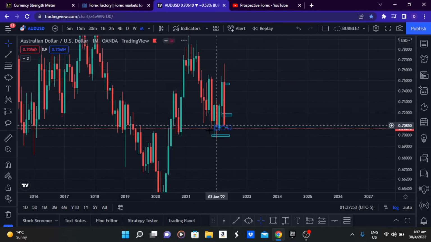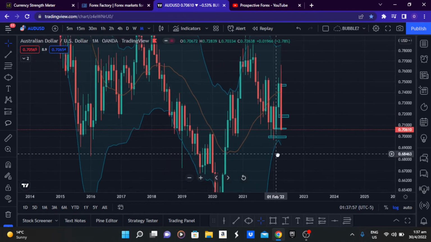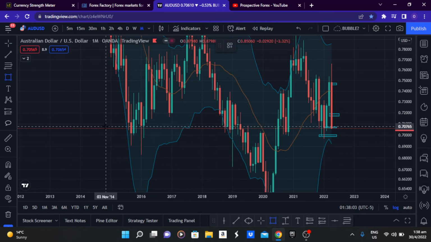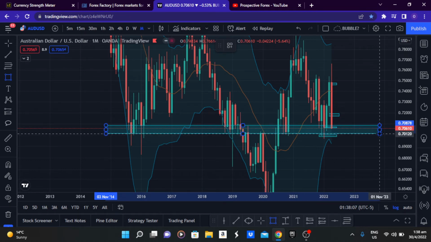And we're also seeing a major support level right here, around this level here. A major support here on the monthly time frame.